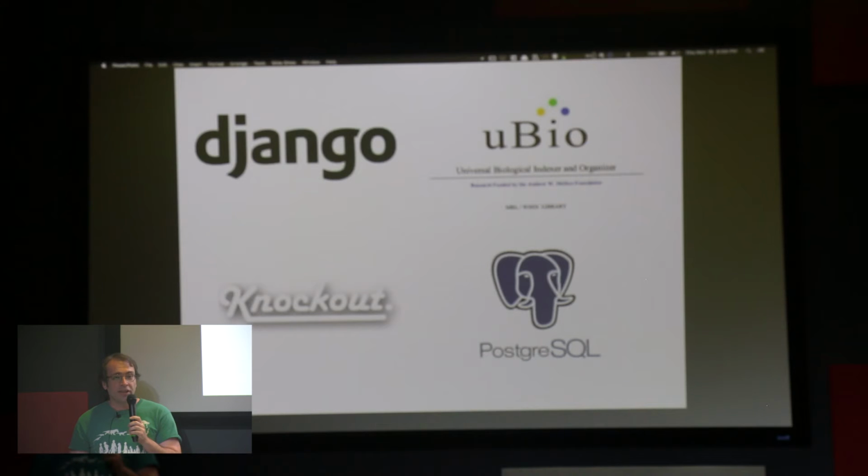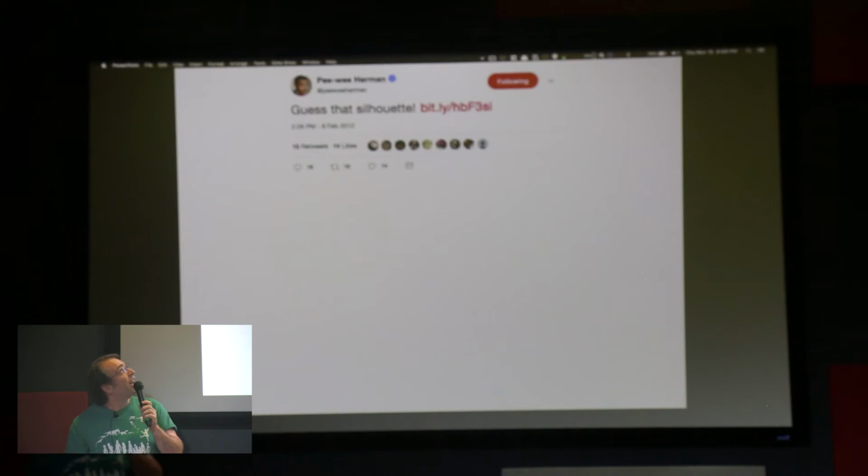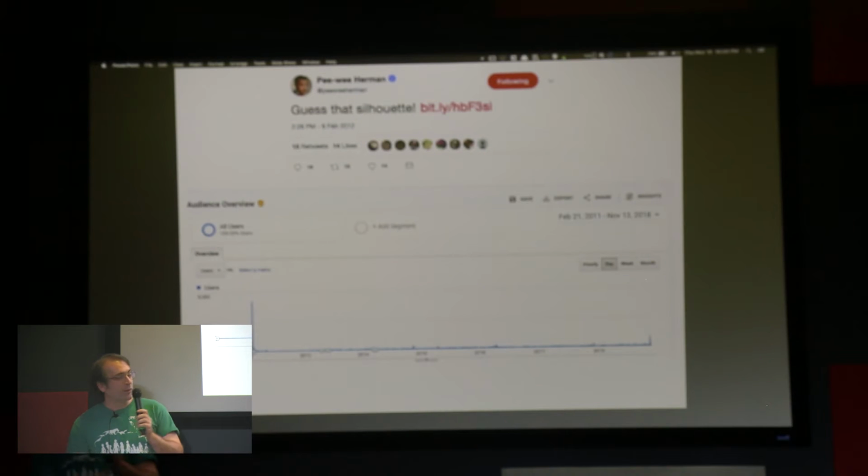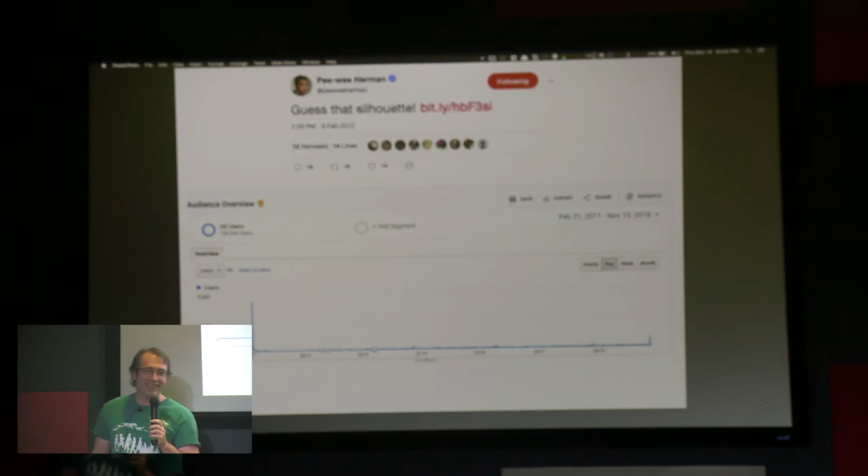So I launched back in 2011. About a year later, something really weird and unexpected happened. Pee Wee Herman, of all people, tweeted a link to the website, generating my biggest spike in traffic ever.